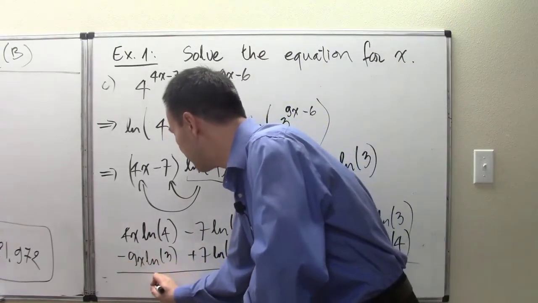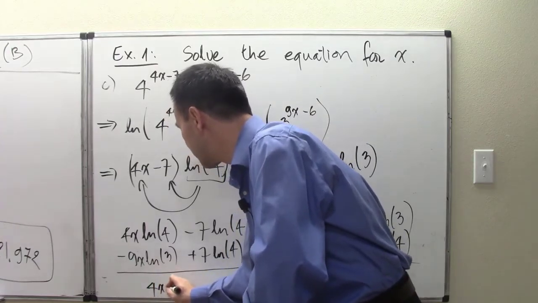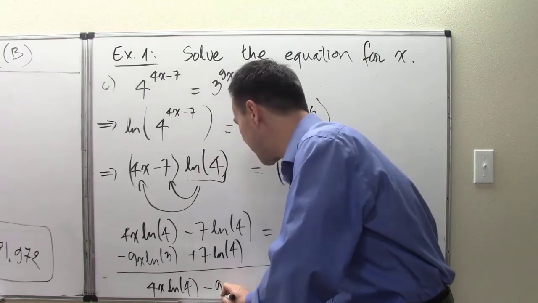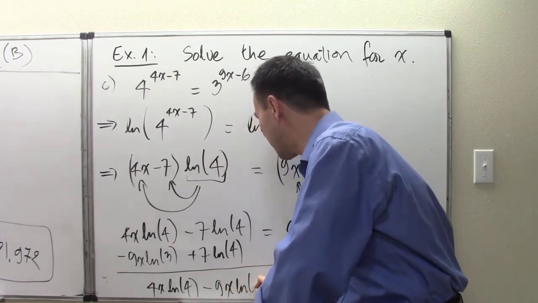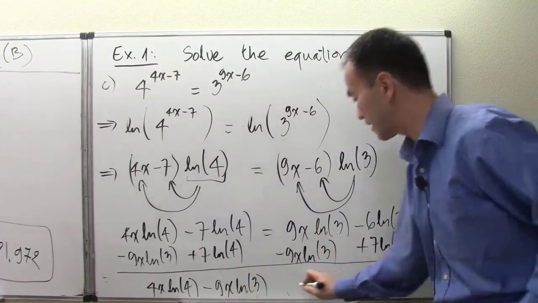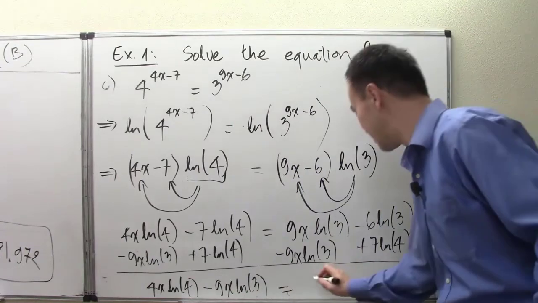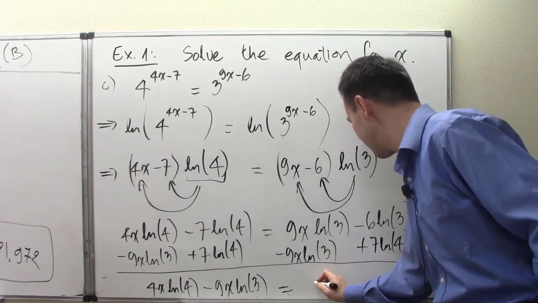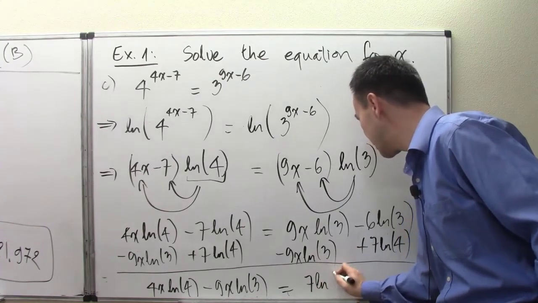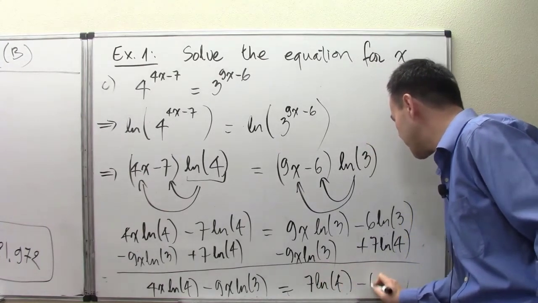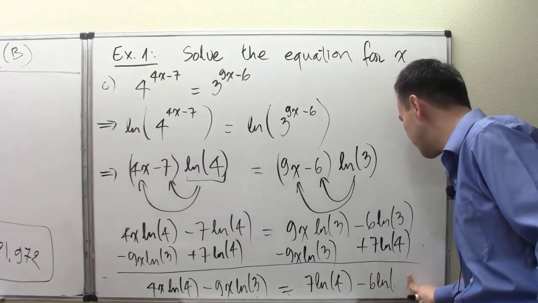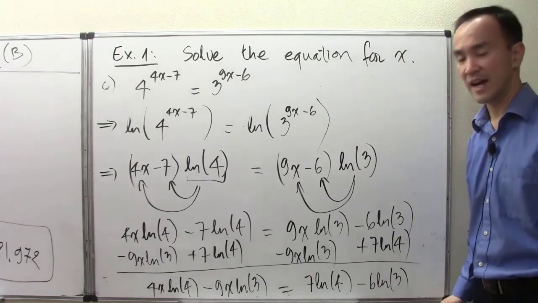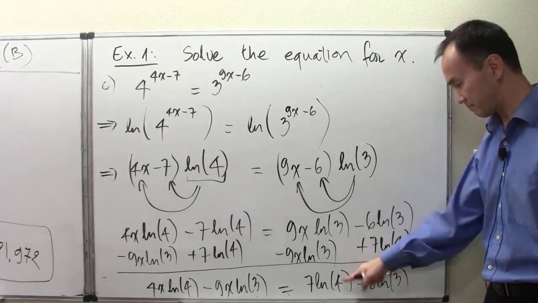We have 4x times natural log of 4 minus 9x times natural log of 3, and all that equals 7 natural log of 4 minus 6 natural log of 3. All right, and that's how I got to that.